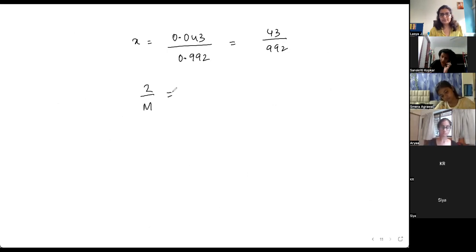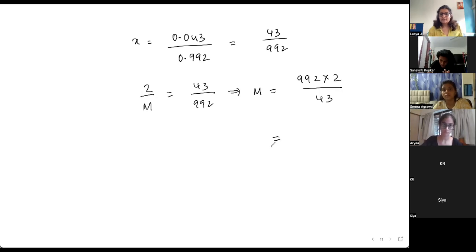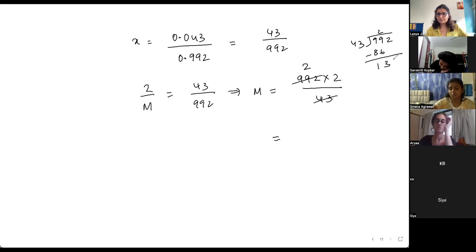So 2 by m is 43 by 992, which means molecular mass will be equal to 86,132 divided by... 3 3s are 9. 23 point something into 2 will be 46 point something.